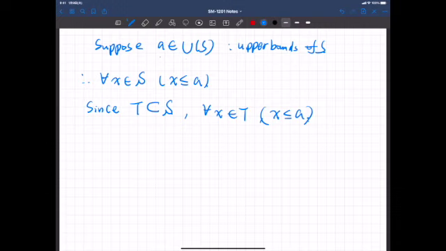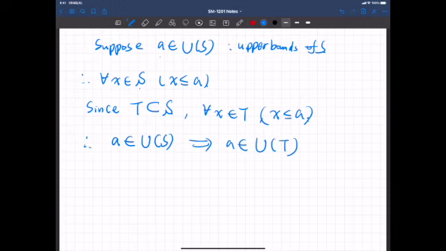Because all elements of T are also elements of S. That's the definition of subset. Okay. So therefore, this means if A is an upper bound of S, then it is automatically an upper bound of T. Right?